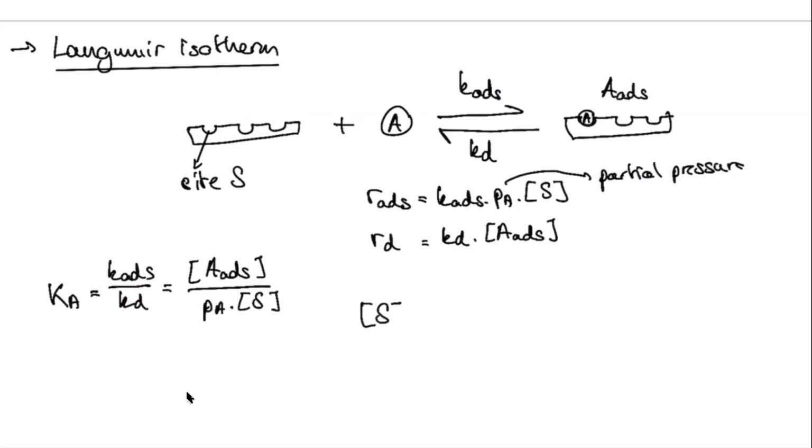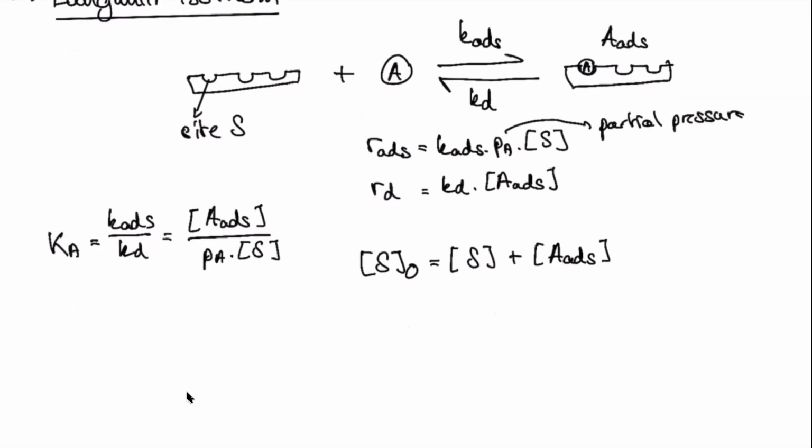So we know that the initial number of sites, this holds at any time, right, is the number of free sites plus A adsorbed. So a site is either free or it's occupied by an adsorbed species A.